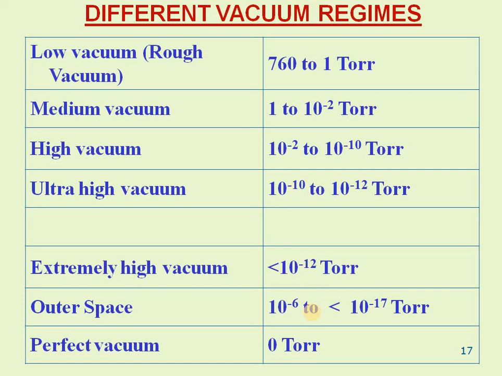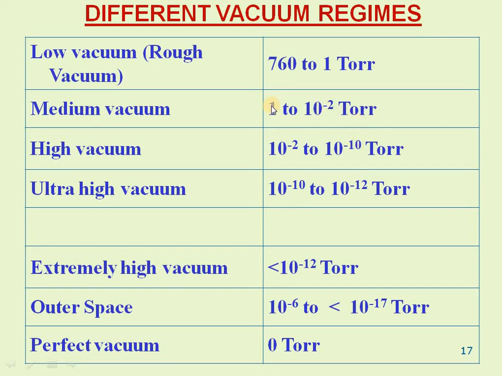And we also introduced the concept of pressure regimes or pressure ranges, because different experiments can be done in different regimes. All experiments cannot be done in the same regime. Certain experiments you can do in the interval 760 to 1 torr, some between 1 to 10⁻² torr, or some others you may do in the range of 10⁻¹⁰ to 10⁻¹² torr. For example, a large hadron collider like the one at CERN may be dealing with pressures like 10⁻² to 10⁻¹⁰ torr.